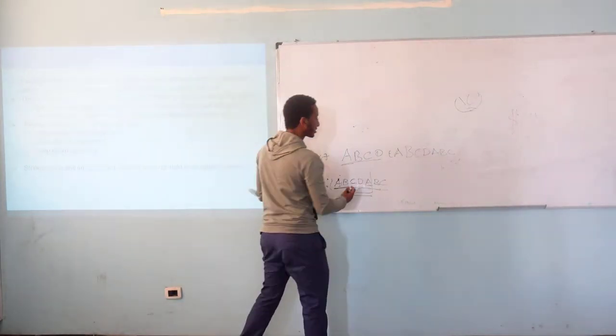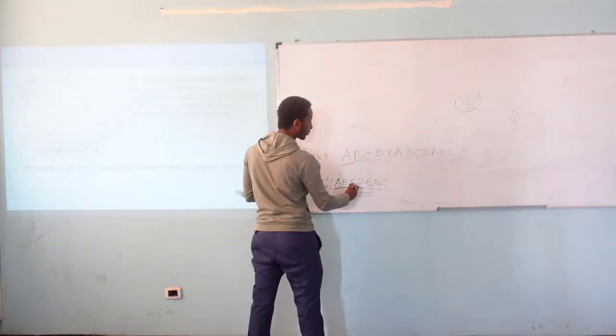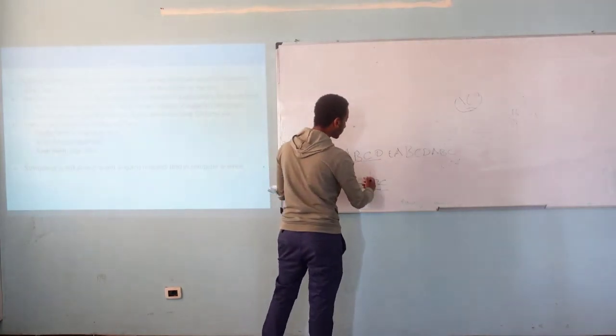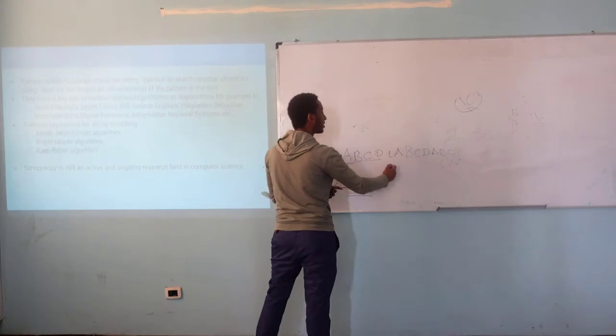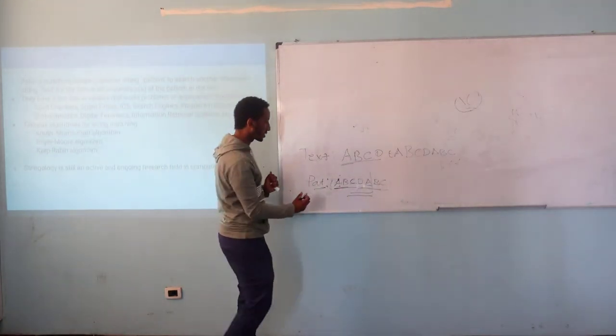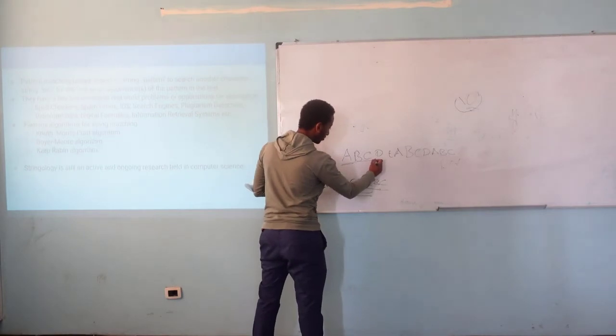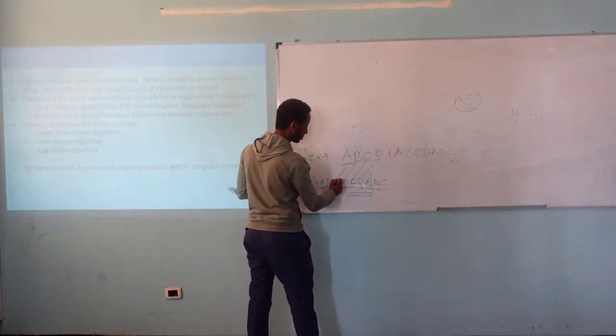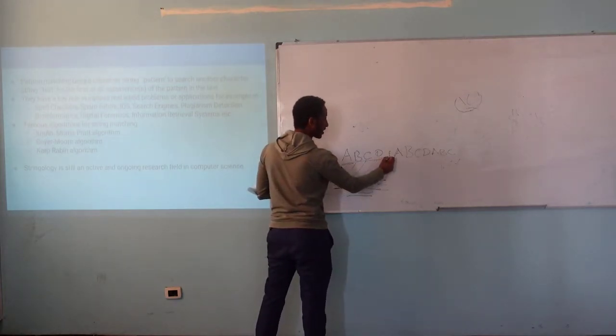So the next thing we could do is try to find a way to move this string back so that we would use that to our advantage. For example, when we match up to this point, the only mismatch happens here.